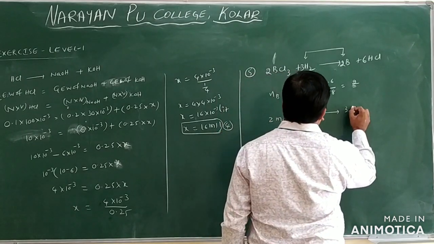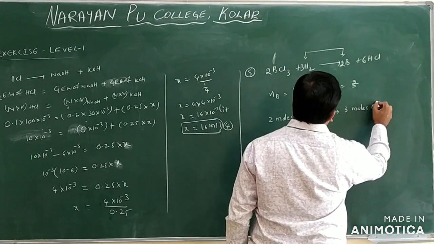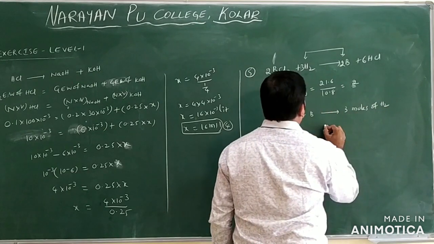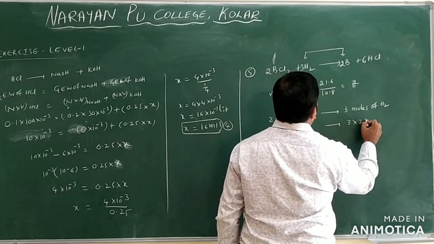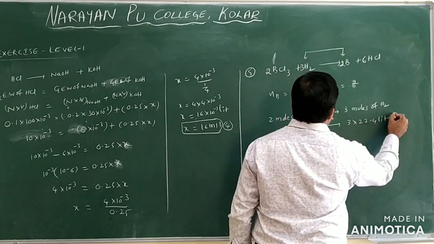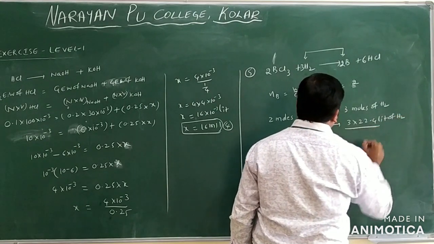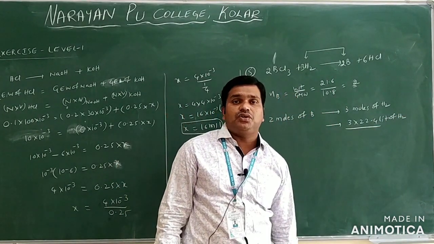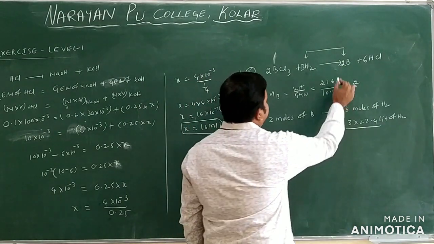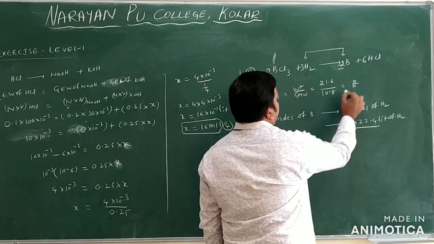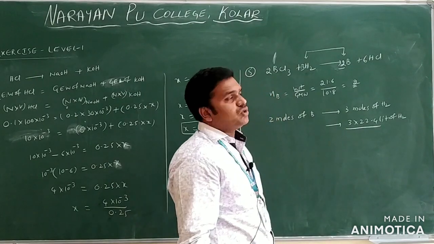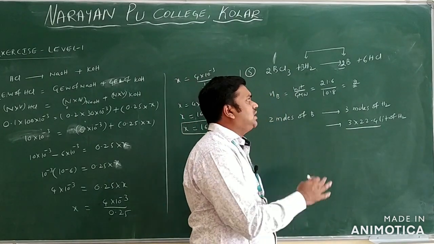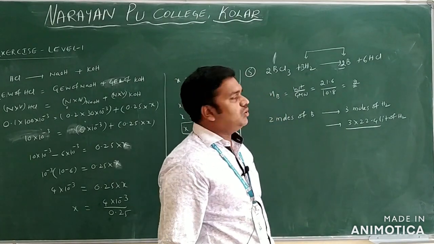We are writing here 3 moles of H2, which means 3 into 22.4 liter of H2. Why? Because at STP 1 mole of any gas occupies 22.4 liter. In the balanced equation also 2 we have. In the number of moles also we got 2 only.